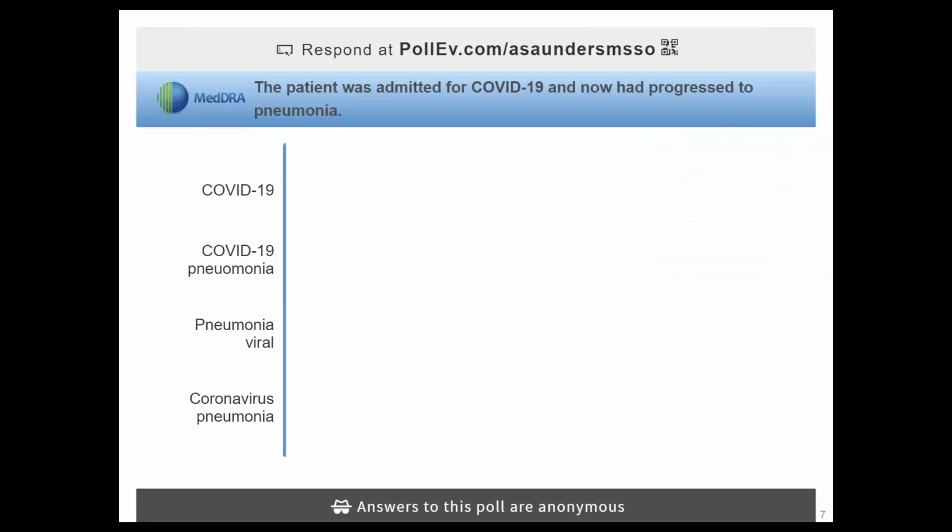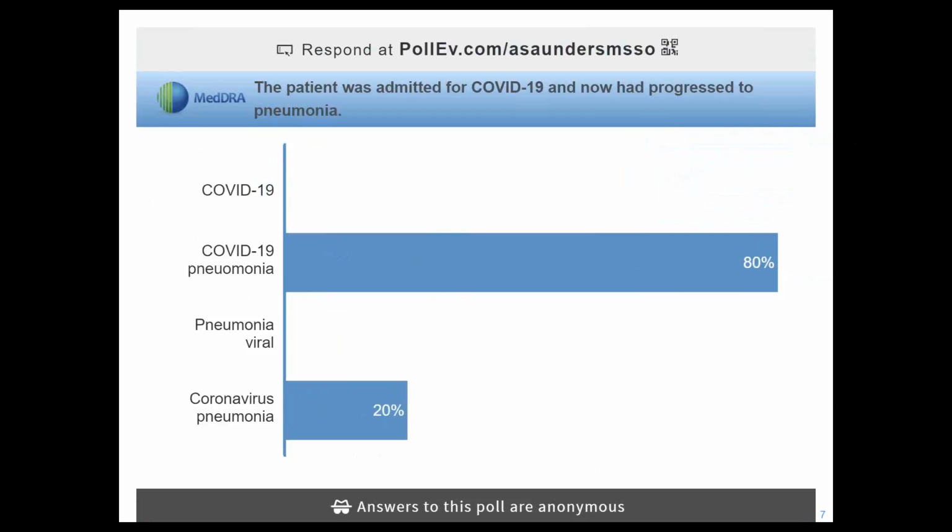The patient was admitted for COVID-19 and now had progressed to pneumonia. And I guess we should say using the most current version of MedDRA, which is the correct answer.